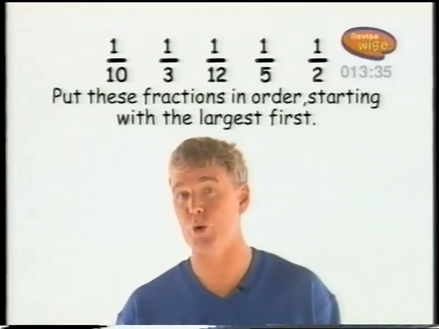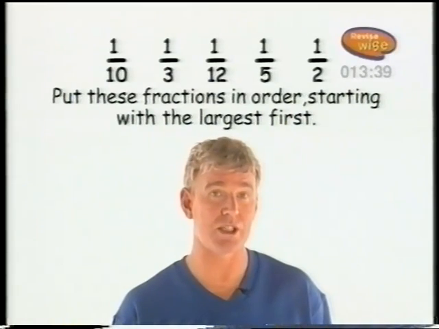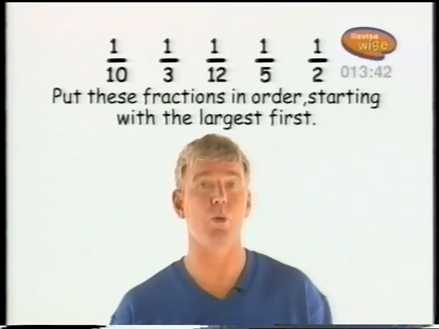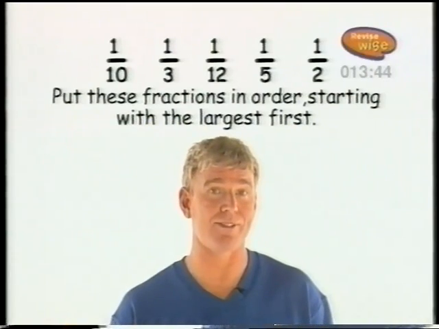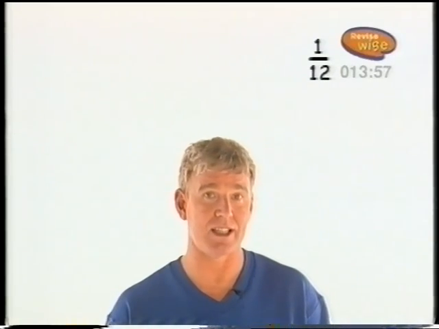Put these fractions in order, starting with the largest. 1/10, 1/3, 1/12, 1/5, 1/2. Well, the biggest denominator is 12, which means the whole has been cut into 12 pieces, and so is the smallest fraction.